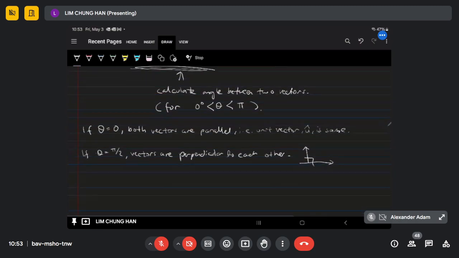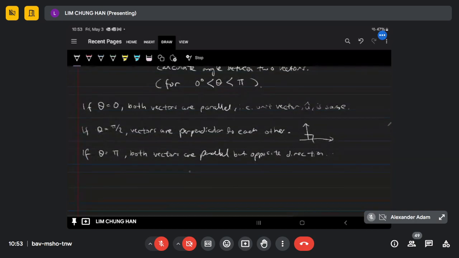If theta is pi, that means both vectors are parallel to each other as well, but facing opposite directions. One vector goes that way, one vector goes this way.